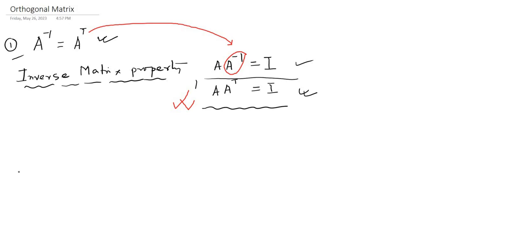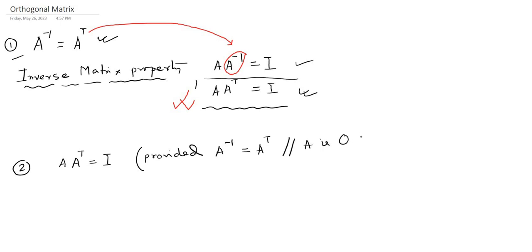And because we know the identity matrix has the property of the inverse, we can write that the matrix and its transpose equal the identity matrix, provided the inverse matrix equals A transpose, or A is an orthogonal matrix.